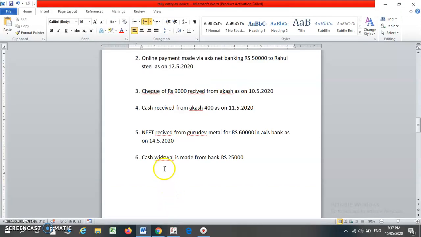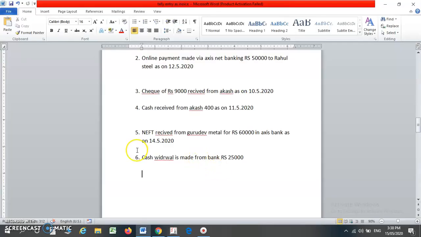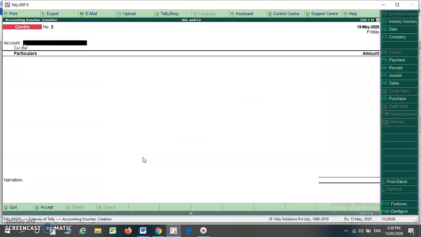So cash withdrawal is made from a bank, 25,000. So what is the entry? Cash account debit to bank account. So I just have to write here my date on which I have made cash withdrawal. Please remember that the account which is going to be debited is coming here, in case of a contra.